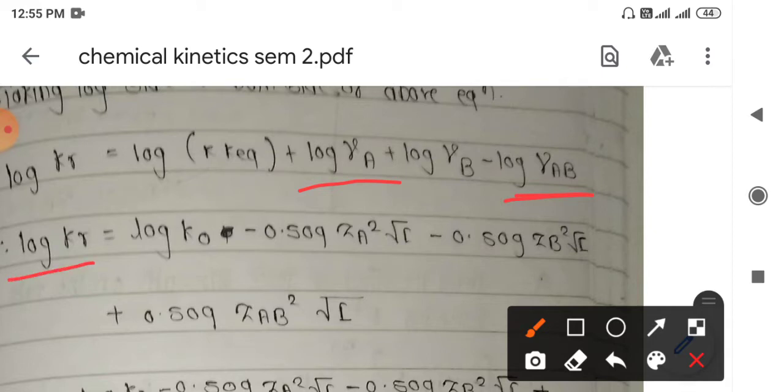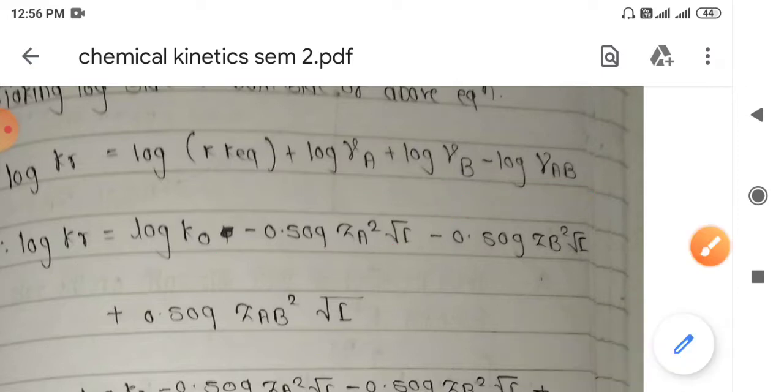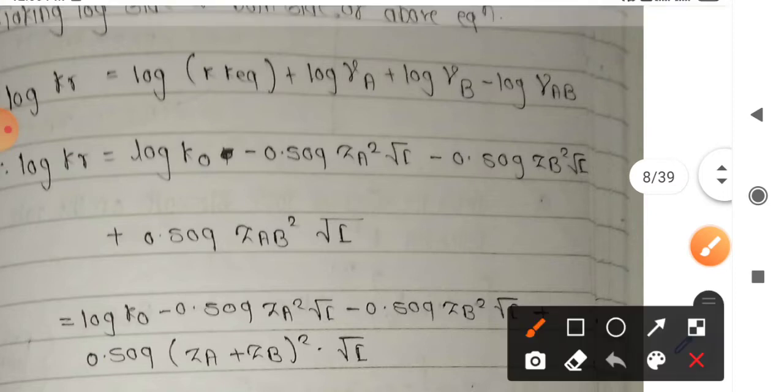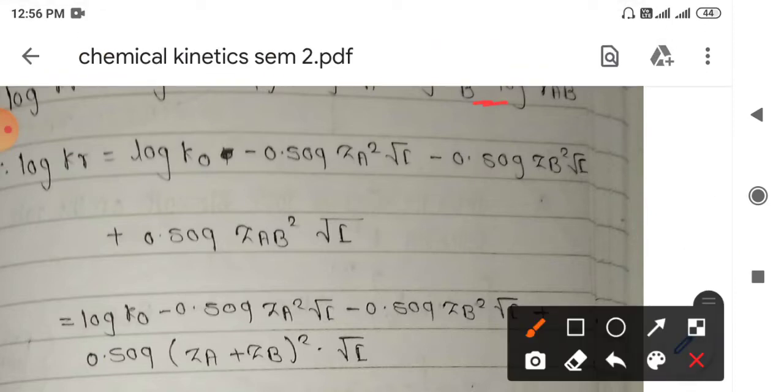Log Kr is equal to log K0 minus 0.509 into ZA square into under root of I for log gamma A, minus 0.509 into ZB square into under root of I for log gamma B, and here there is a minus sign, so minus minus will become plus for the ZAB term.